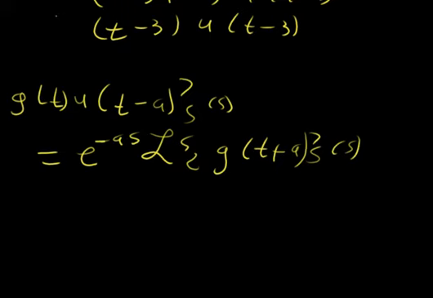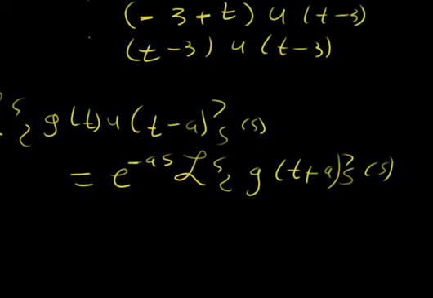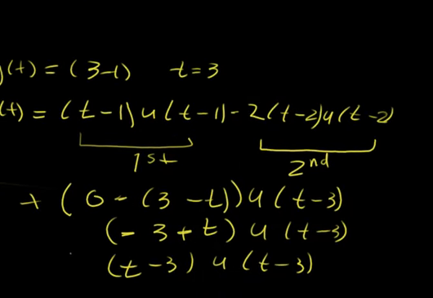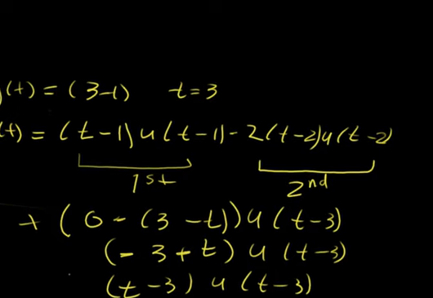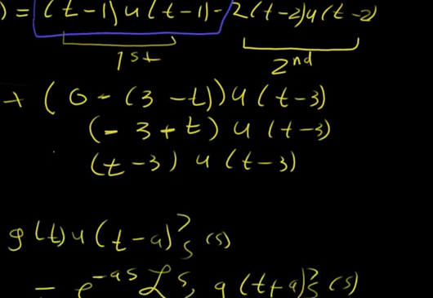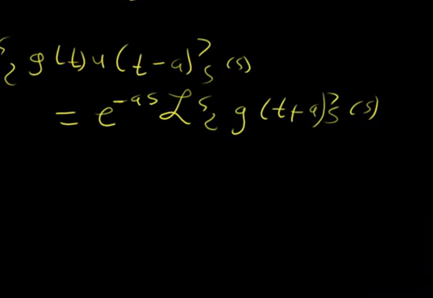Okay, I'm gonna do the first one for you. The first one we solved, I could scroll back up, is this. So looking at the formula, we could do the first Laplace transform.